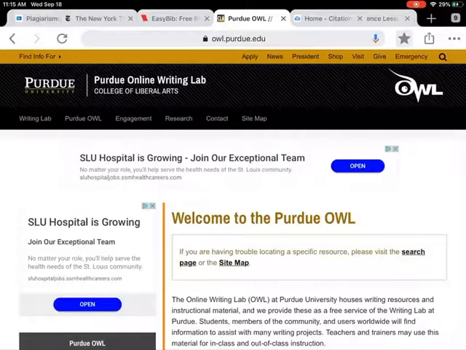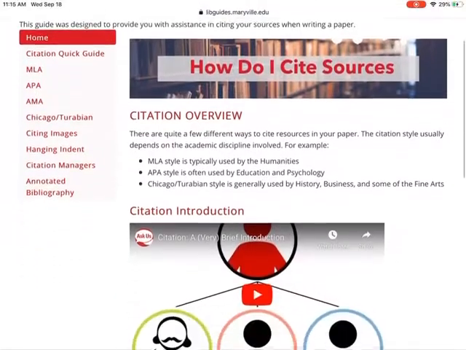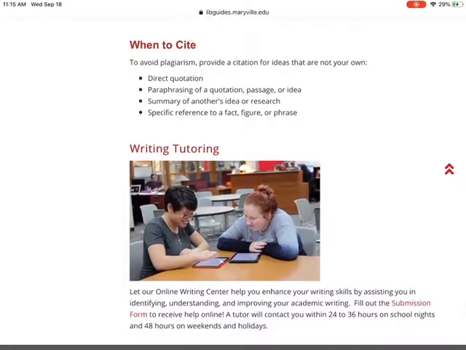However, there's a few resources you might not have come across that I'd like to include as well. One of them is going to be a link to a separate LibGuide that was created by Maryville librarians, all discussing citation help. It takes the content from EasyBib, from Purdue Owl, and a number of other sources, and condenses it all in one place.